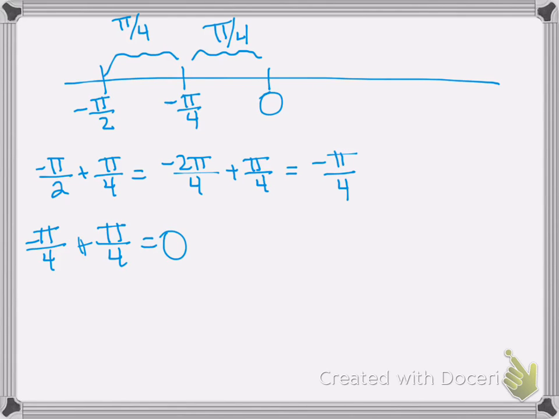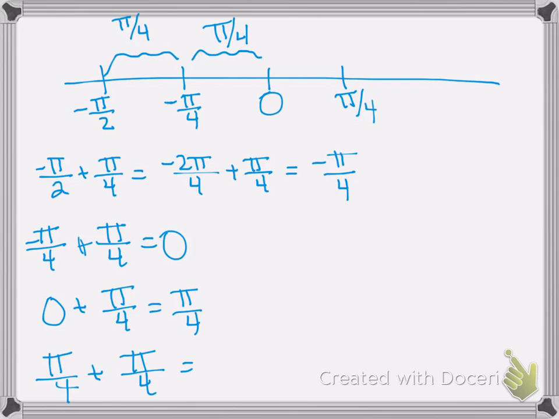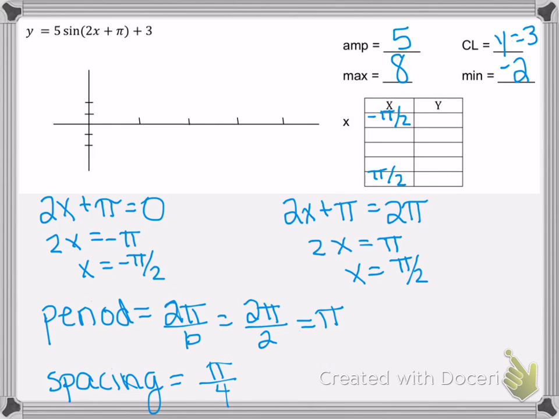So that's my next value. Then I take 0 and add another spacing of pi/4. So I end up at positive pi/4. And then I would take that positive pi/4 and add another pi/4. So I get 2 pi/4, which is the same thing as pi/2, which if we notice, that's what we found on my previous slide. We found that this is where it ends, so that makes sense. I haven't done any arithmetic incorrectly.